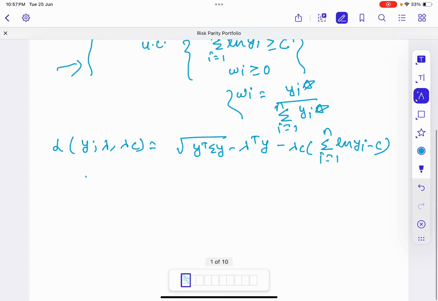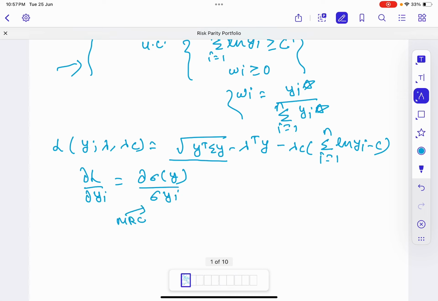Now if you differentiate the Lagrangian with respect to any weight yi, this is the variance of the portfolio, and when you differentiate it with any asset i, you can remember that this is nothing but MRC of any asset i, right? Minus, y is the weight matrix, so y is basically y1, y2, y3, y4.